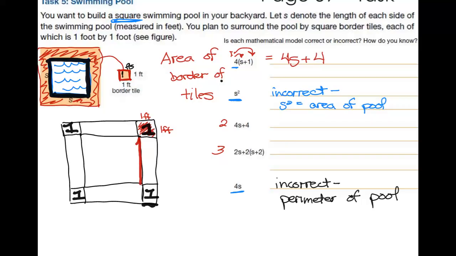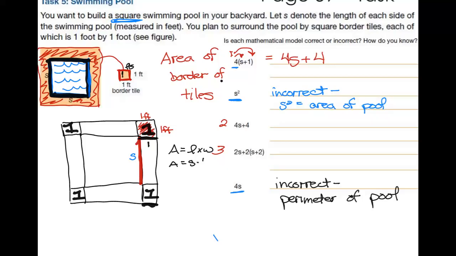What is the length of this side right here? What is the length of that side of the pool? S. And what is the length of this side right here? 1. And so if your rectangle is S by 1, its area is length times width, right?